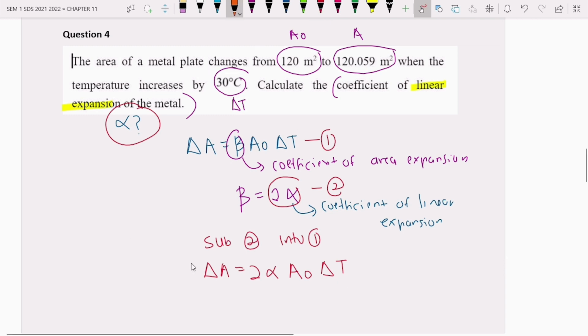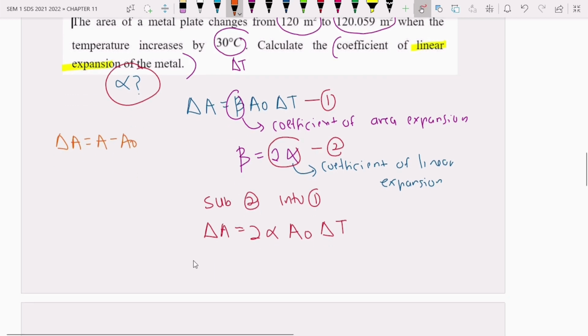And we know the change in area is also equal to final area minus initial area. So here will become final area minus initial area equals 2 times the coefficient of linear expansion times initial area times the change in temperature.